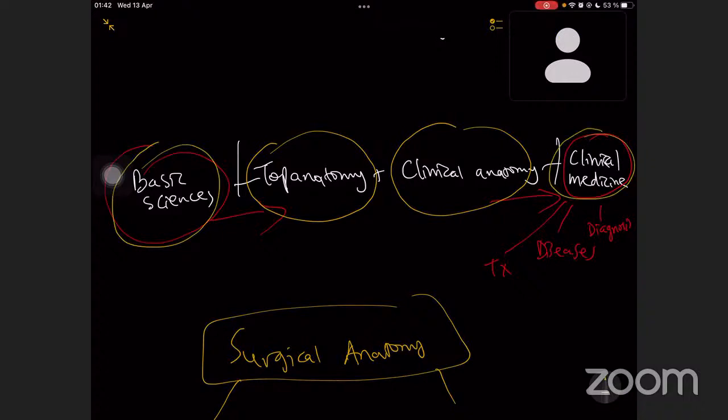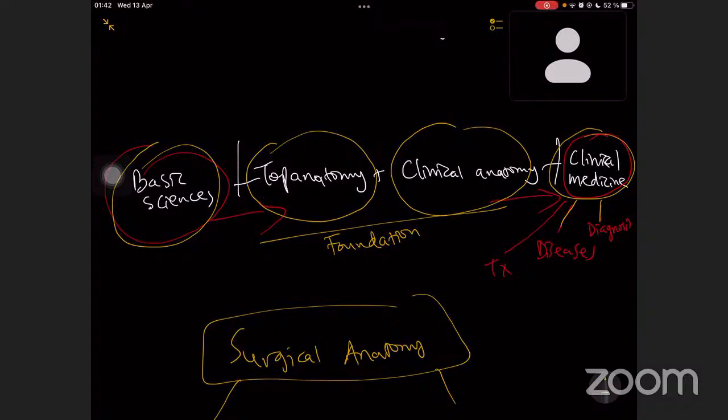Clinical anatomy together with topographic anatomy, as we said, they're the foundation. Whereas clinical medicine deals with diagnosis of diseases, describing diseases, and allows us to describe the treatment of a disease.